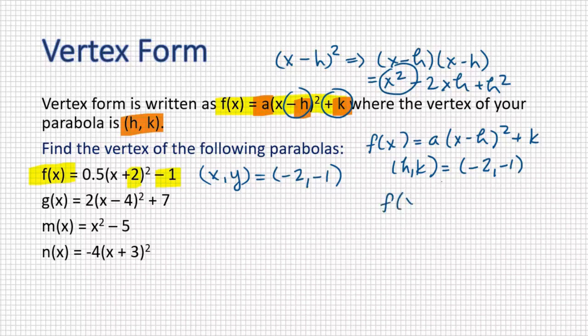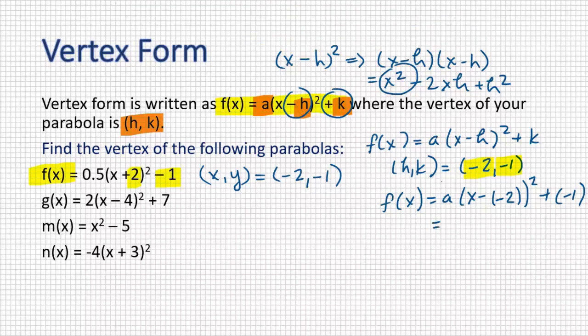So we have f of x equals a times (x minus -2) all squared, plus -1.